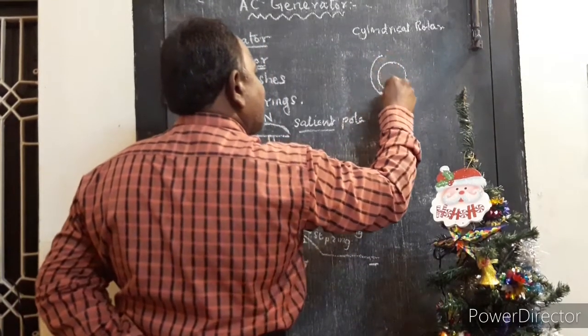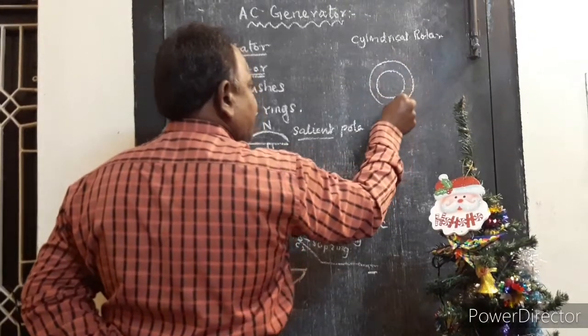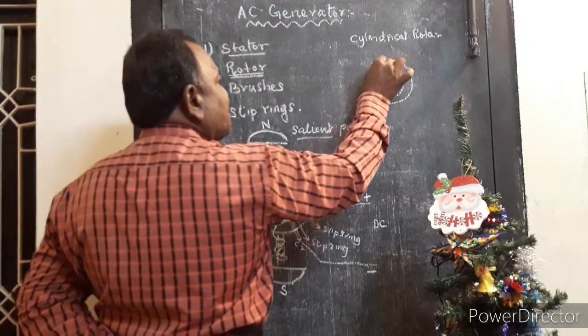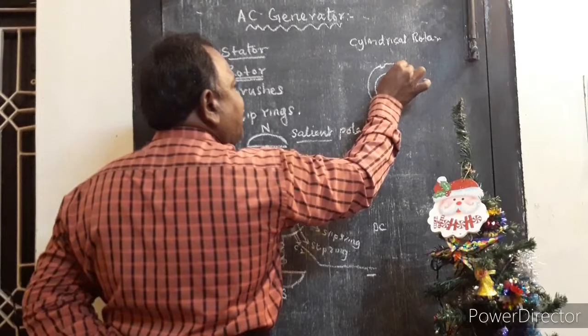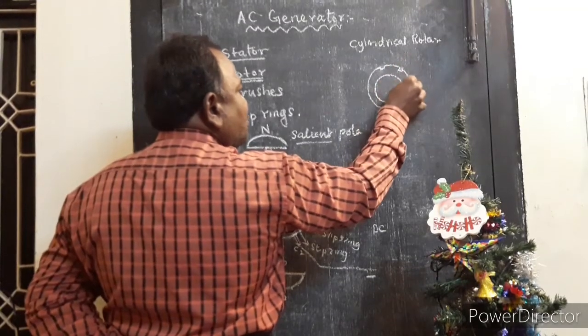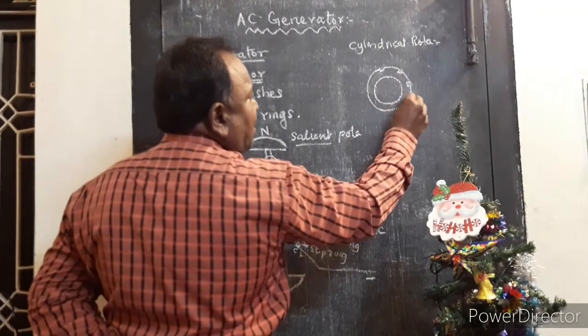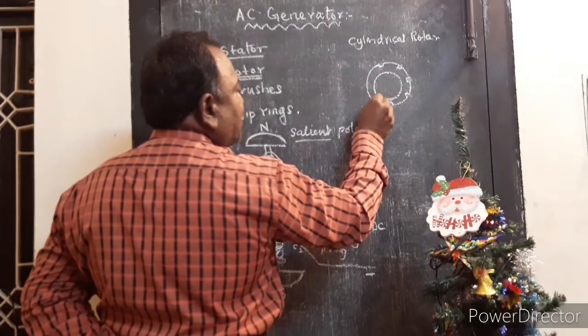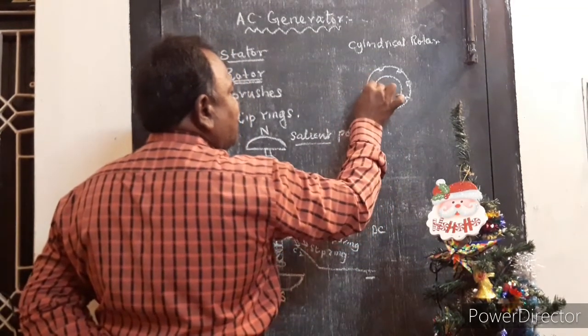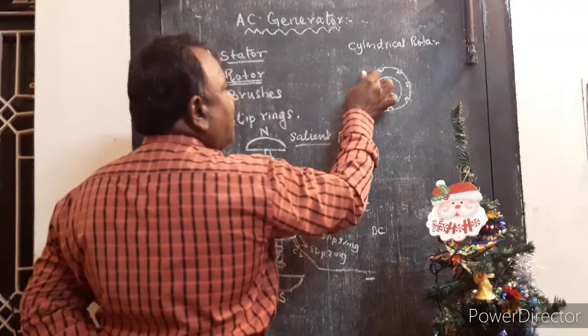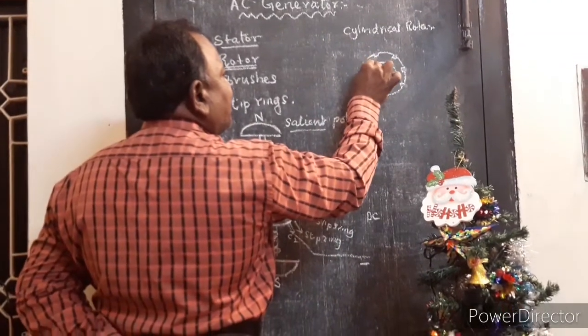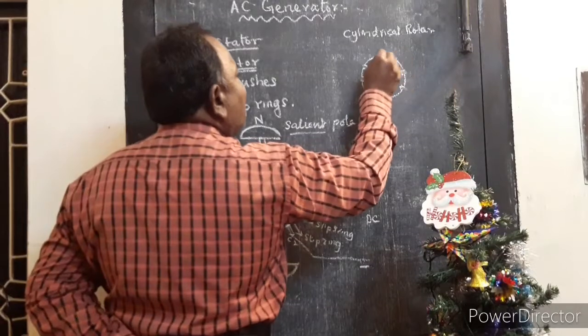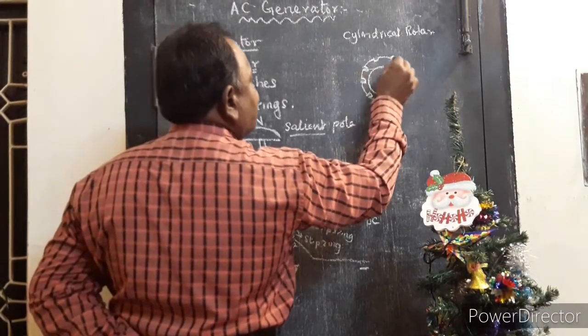The cylinder is a solid cylinder and it has a large number of cavities. These cavities are cut on the surface of the cylinder, and the coil windings are wound over it.